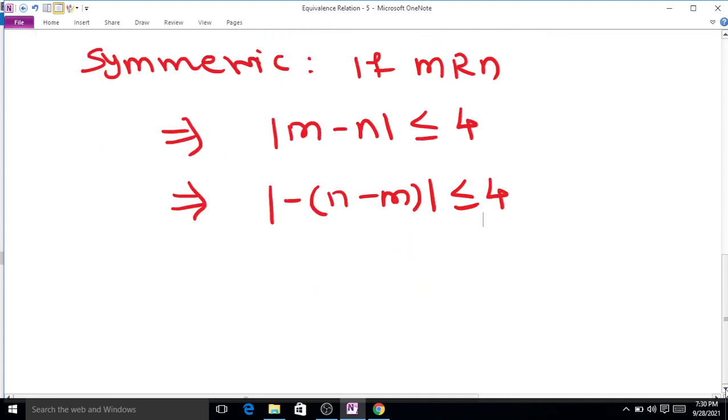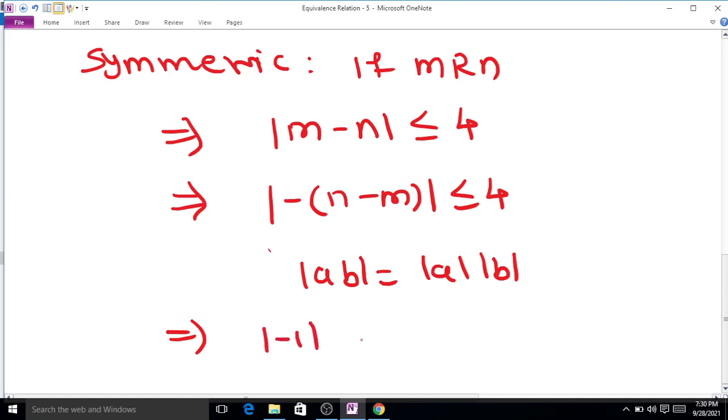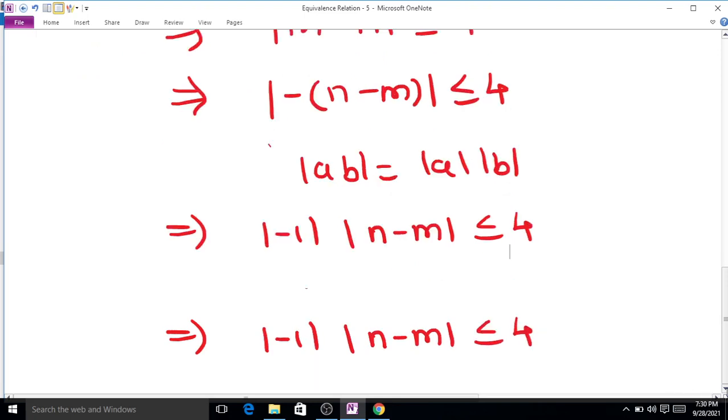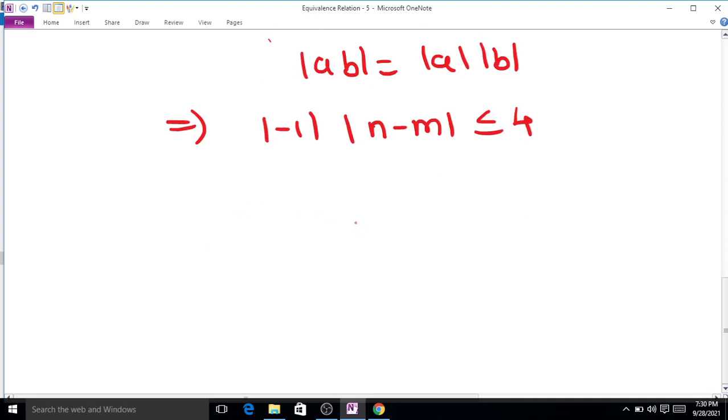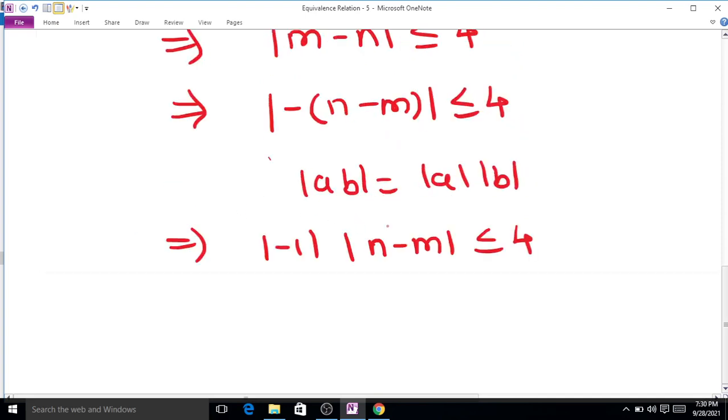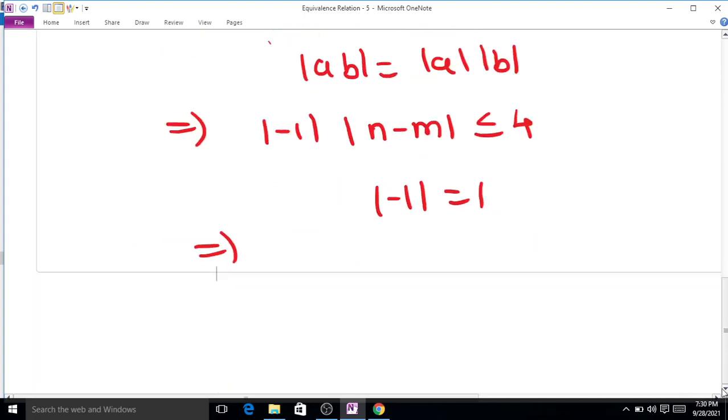We know that the mod of AB is equal to the mod of A times the mod of B. The absolute value of minus 1 is always 1, and therefore n minus m is less than or equal to 4.